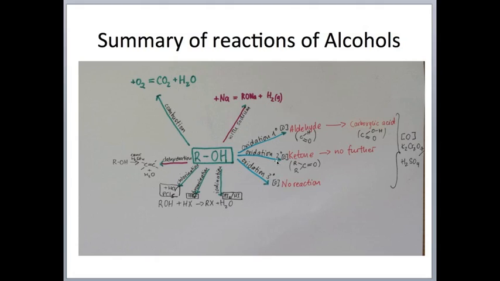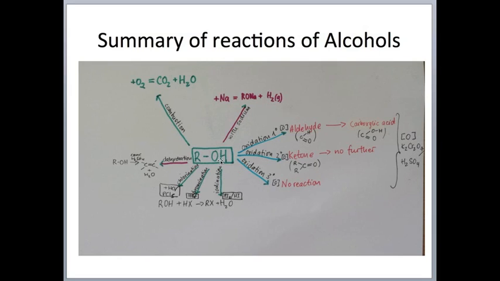A secondary alcohol is oxidized to a ketone, and this is the final product. There's no further oxidation. And tertiary alcohols do not undergo oxidation reactions. The oxidizing agent for all these reactions is K2Cr2O7 in H2SO4, so it's acidified.